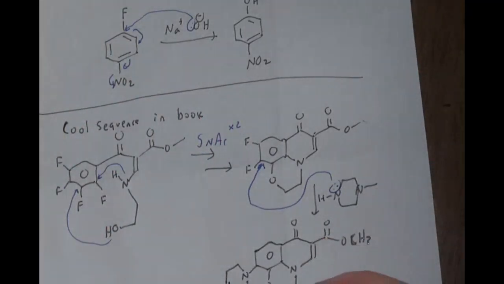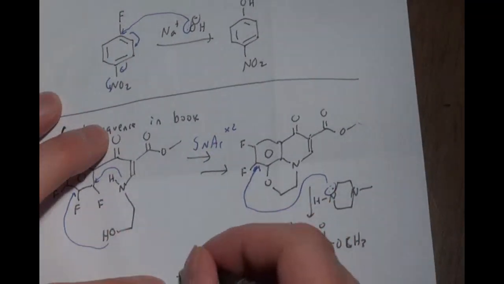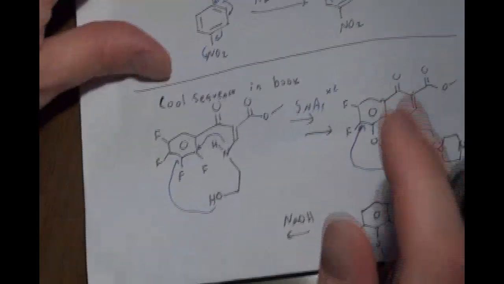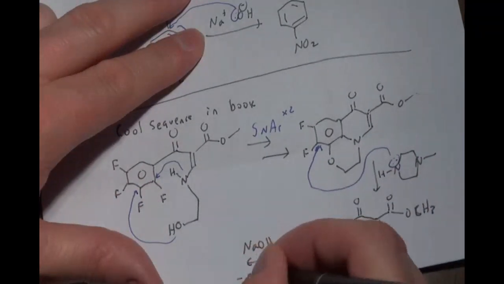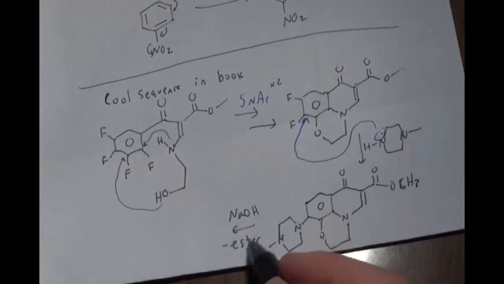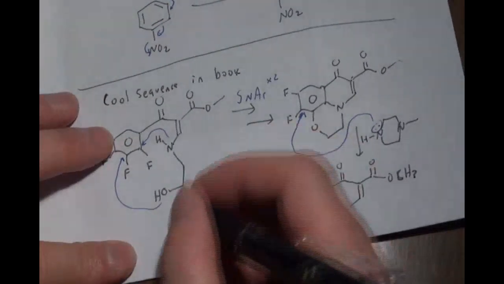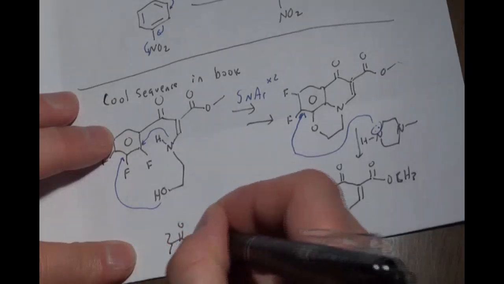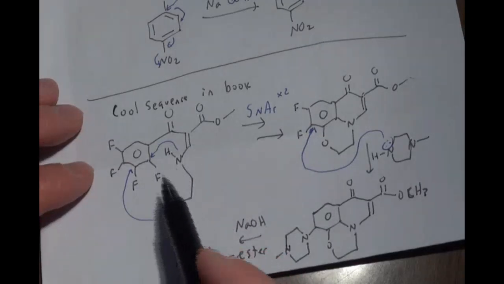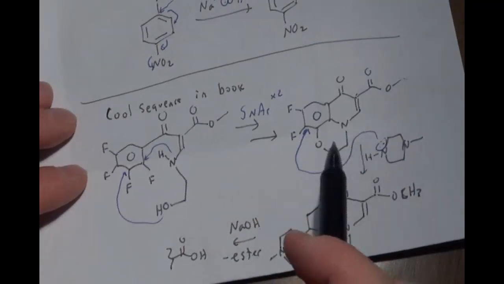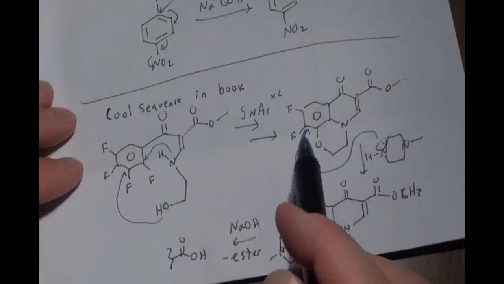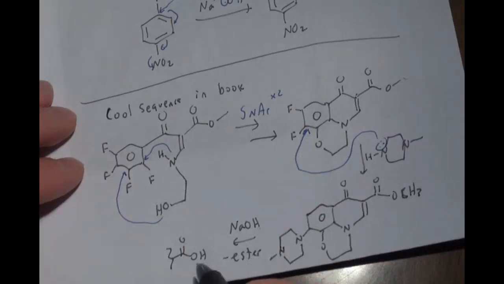Then you get this molecule, and I think they just do sodium hydroxide, saponification, which converts the ester into a carboxylic acid. Anyway, this is cool. They do a double SNAR, kick off these 2 fluorines to build this ring system. They do a 3rd SNAR, which attaches to this nitrogen, kicks that fluorine off, and then you have the carboxylic acid.